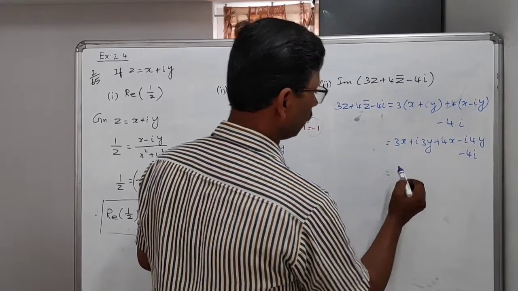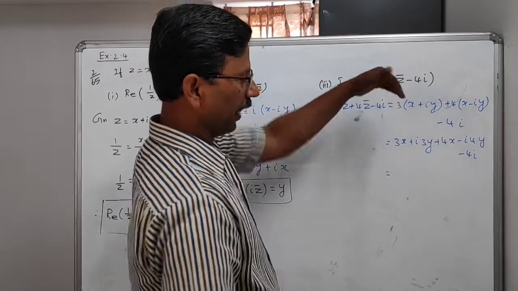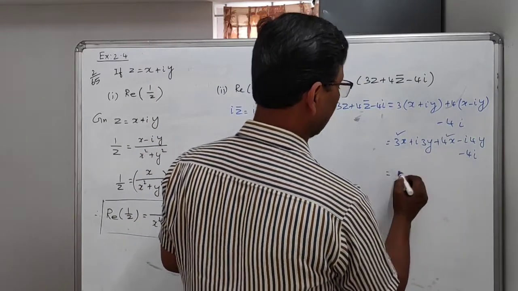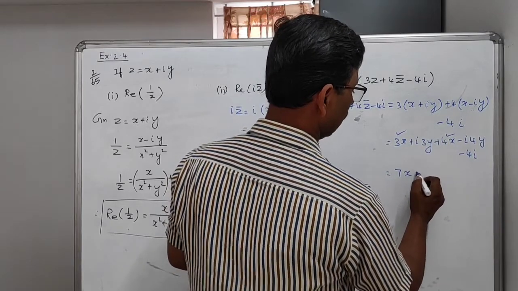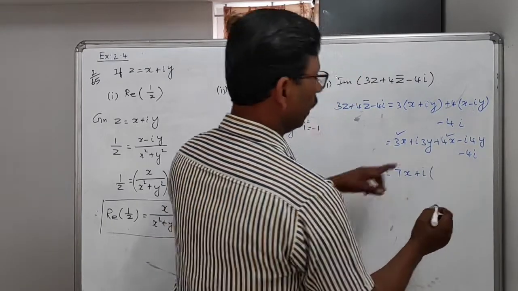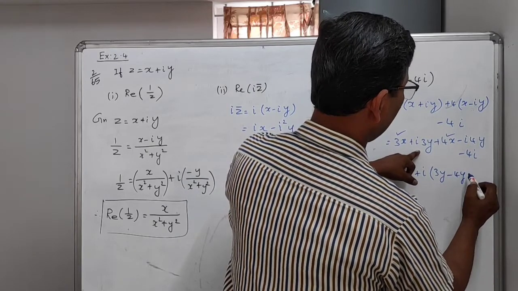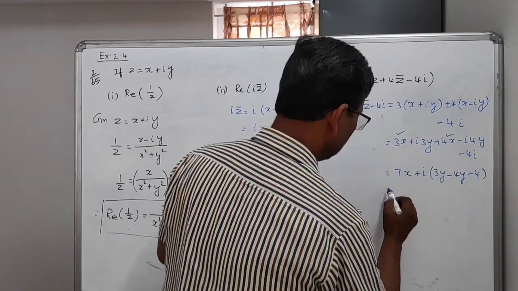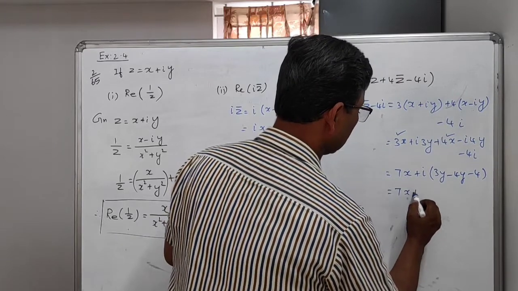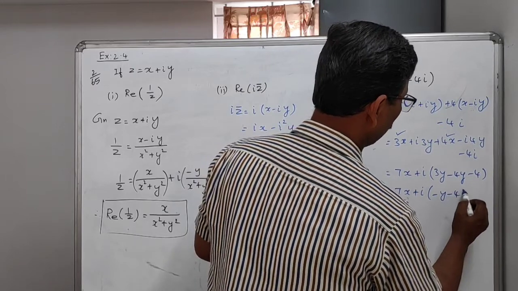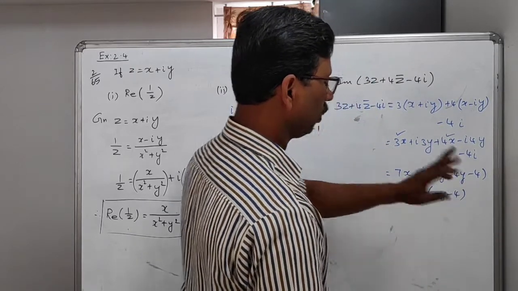Now here we can add only real parts. 3x and this 4x are the real parts. Then we can write 7x. Then plus i into, here you can write 3y minus 4y minus 4. Now this can be written as 7x plus i into minus y minus 4, because 3y minus 4y gives minus y.